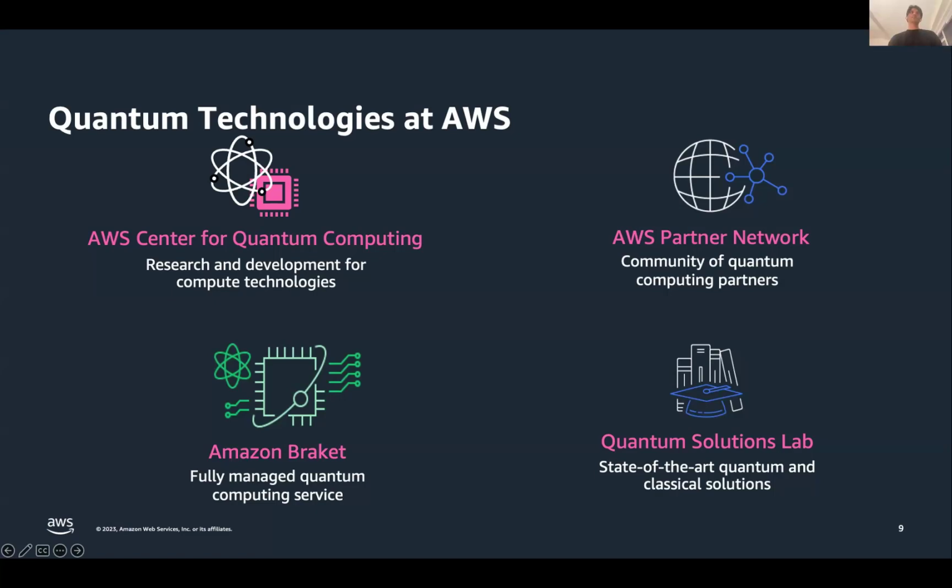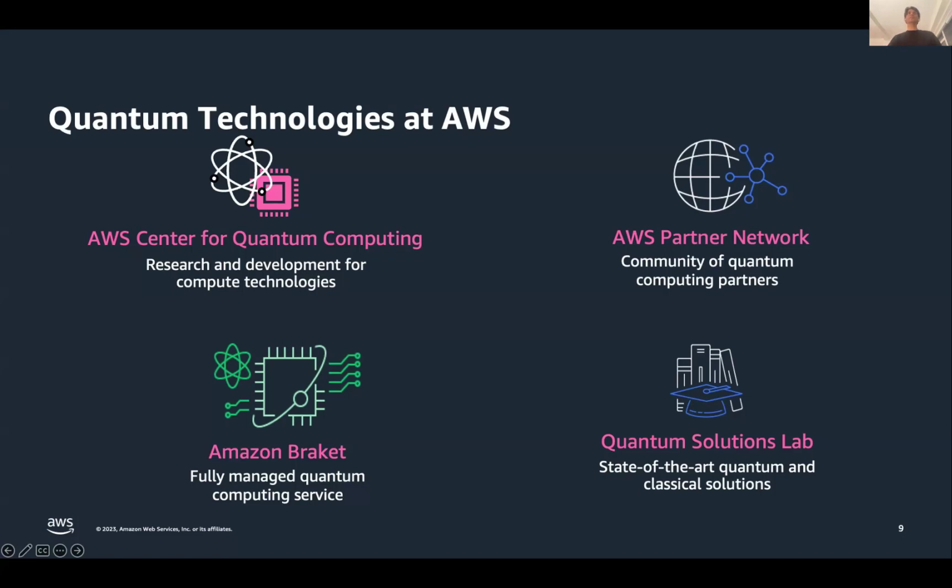Thank you for the question. It will be answered in the next 10 minutes when I talk in more detail about the service, but let me answer you very quickly. Amazon Braket has access to both simulators and quantum hardware. The quantum hardware is from different third-party providers, for example from IonQ, from Oxford Quantum Circuits, from QuEra.